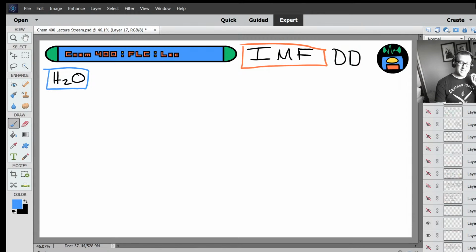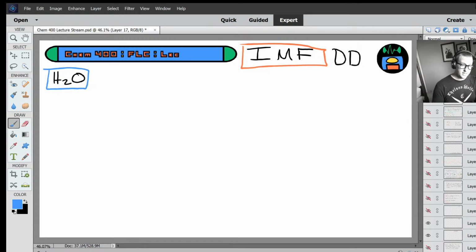All right. As it turns out, it's not just enough to look at the difference in electronegativities, but you also have to consider the three-dimensional shape of the molecule, the VSEPR geometry, in addition to the electronegativities, which will determine whether or not your molecule has a dipole moment, whether or not your molecule is polar.